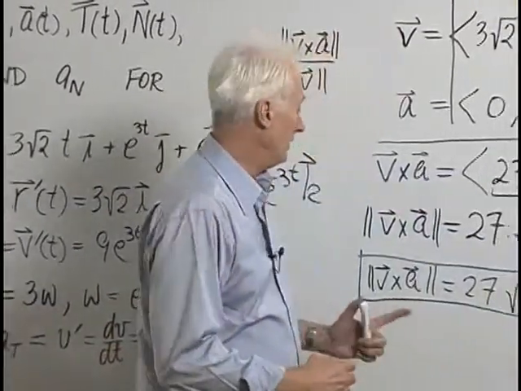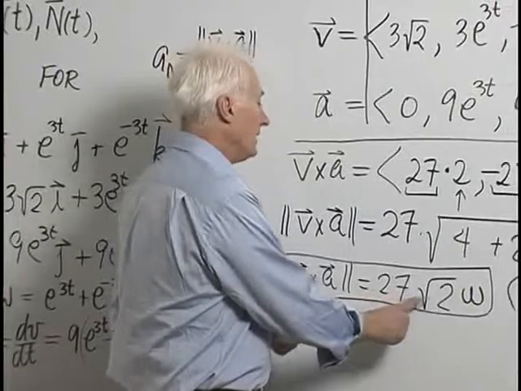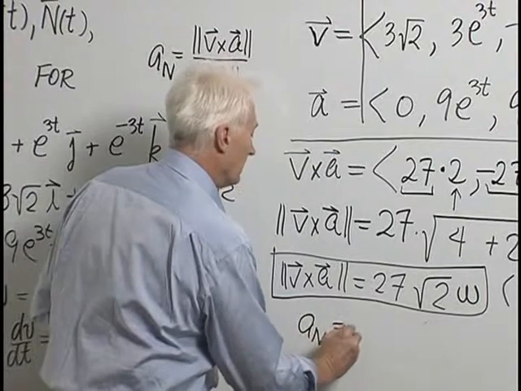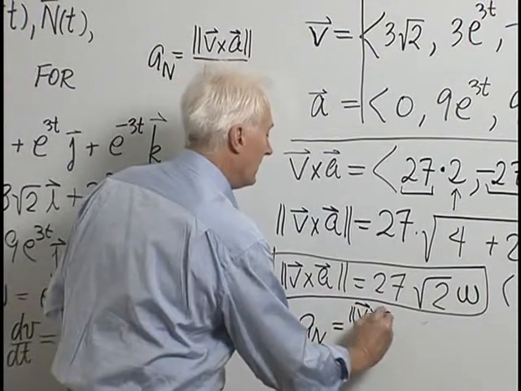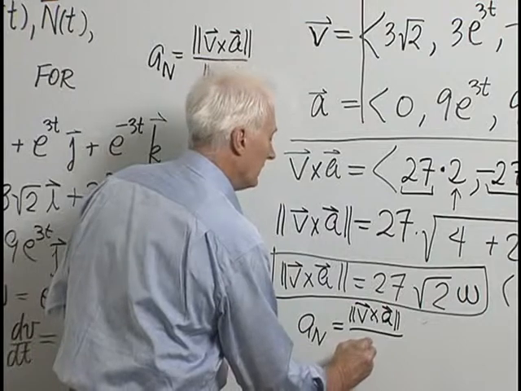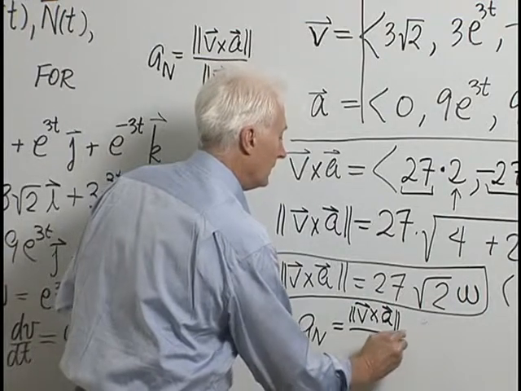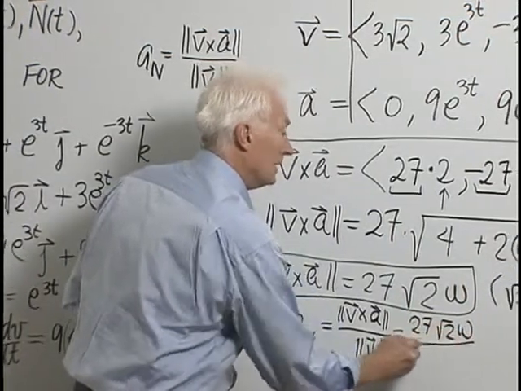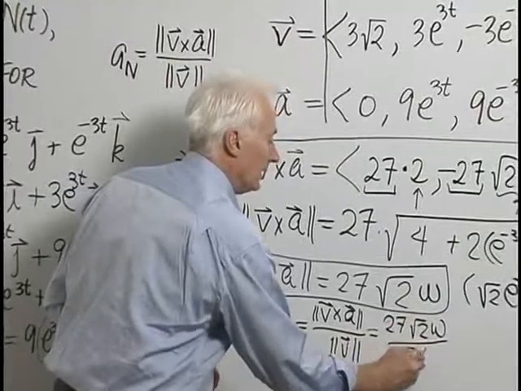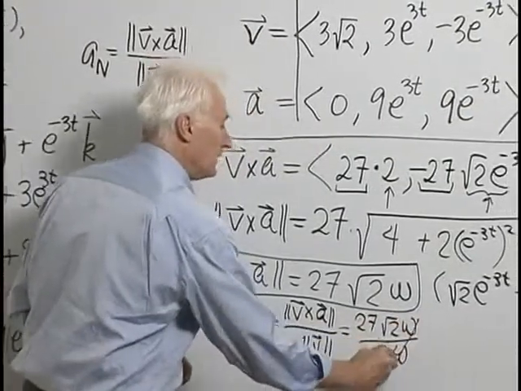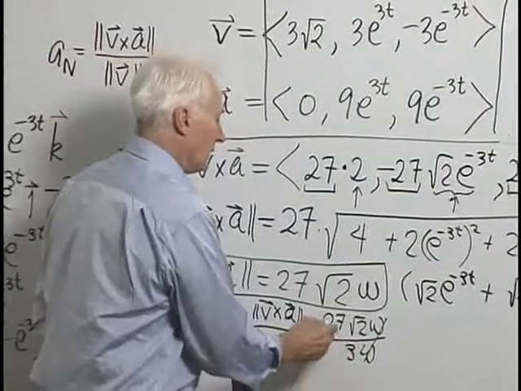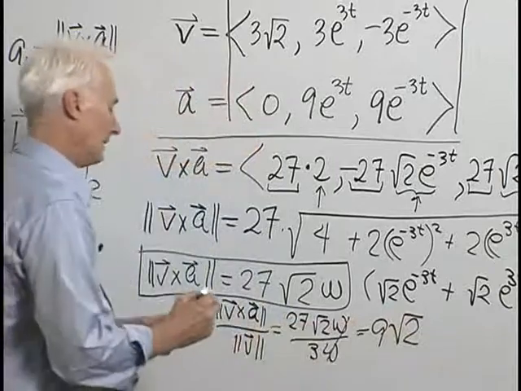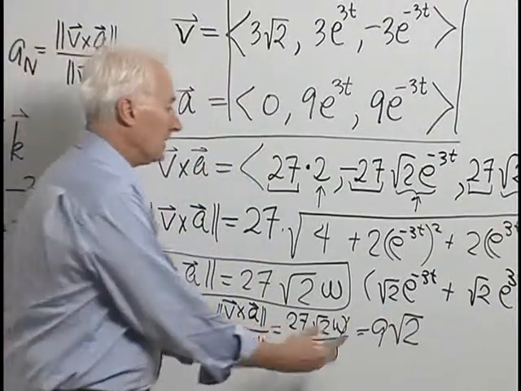So here we have length v cross A is 27 root 2w, and so our normal component of acceleration is length v cross A divided by the speed, length v, which is 27 square root 2w divided by 3w. And notice the w's cancel. 3 into 27 is 9, and so the normal component of acceleration comes out to be a very simple form.